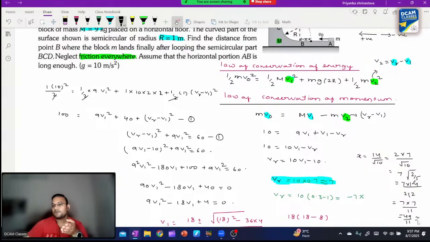See? Approximation 50 by 10. 5. This is less, this is more. So approximately 4.5 value. They are getting 4.7. Okay.